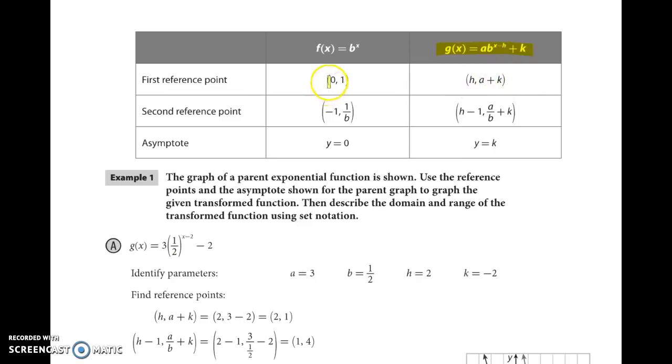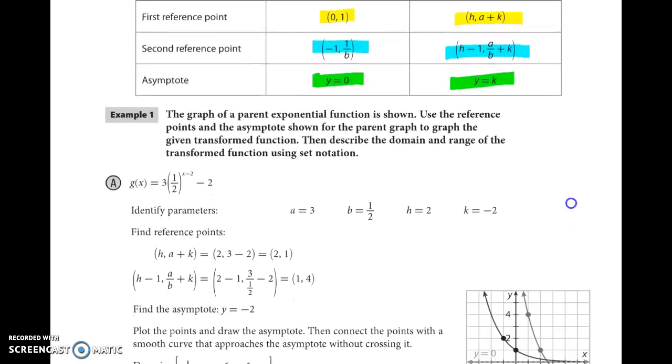It's going to take the point 0, 1 and shift it to be h, comma, a plus k. Our second reference point, if it was just b to the x, would be -1, comma, 1 over b, and with the transformation it's going to shift to h minus 1, comma, a over b plus k. And then our asymptote, just like for exponential growth, is y equals k. So let's see if we can identify these and apply these transformations.